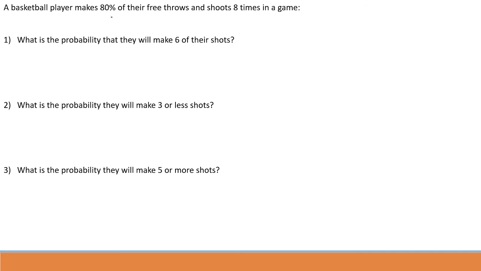So, once again, we'll take the same situation. A basketball player makes 80% of their free throws, and they're going to shoot 8 times. What's the probability they will make exactly 6 shots? Okay, well, exactly 6 means it's a PDF problem, right? So it's going to be a binomial PDF. Now, again, depending on your calculator, you might put this in differently. But again, we need to put in our 3 values. So I'm going to get my calculator out here.